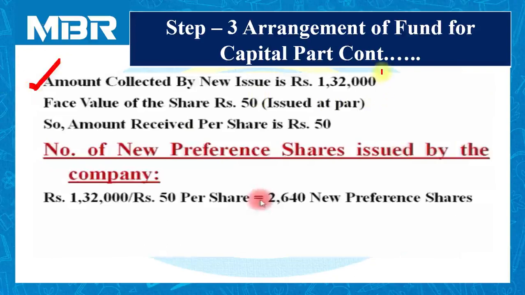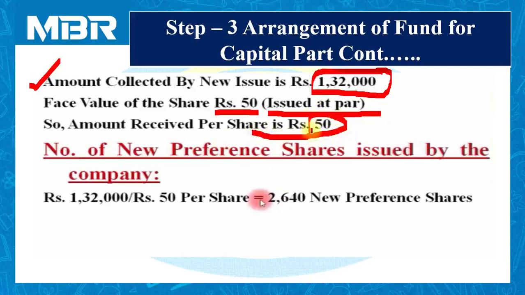The amount required to be collected is rupees 1,32,000. The face value of the preference share is rupees 50, and it is also mentioned that we have to issue our preference shares at par. At par means face value. So the amount received by the company per share is rupees 50.